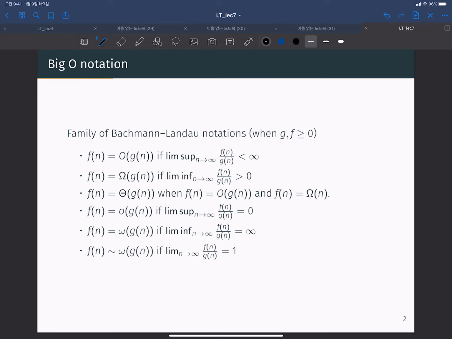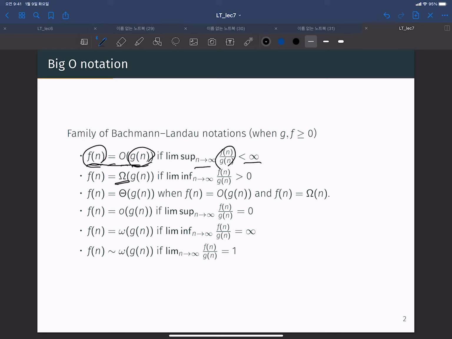When we say f(n) equals big O of g(n), this implies f(n) over g(n) is bounded by some constant, which means it does not grow to infinity as n goes to infinity. Then we say the order of f(n) is at most the order of g(n). Big omega notation has the opposite meaning.